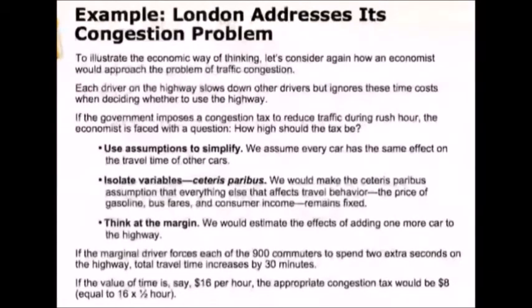When I get on the freeway, I am slowing everybody else down. But I ignore how my entering the freeway slows everybody else down because it's not a cost that I have to incur. So an economic way of looking at it is to impose a congestion tax that gets me to not ignore these time costs.